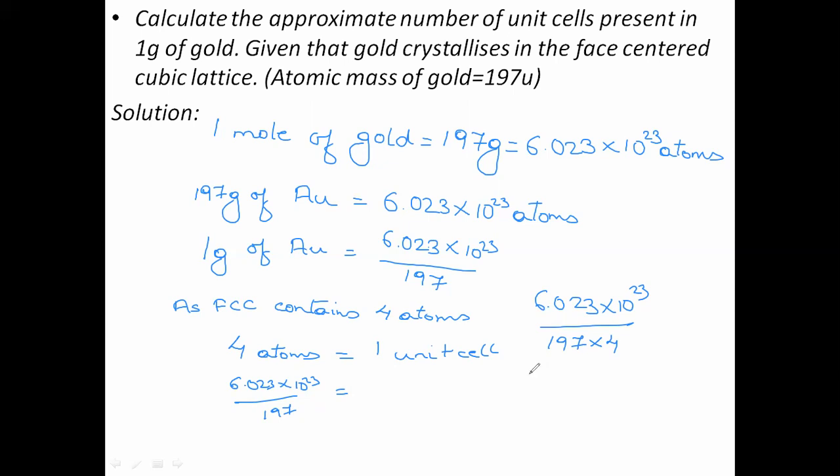If you do that, the answer you'll get is 7.64 into 10 to the power 20 unit cells. So this type of problem is very common in your board examinations as well as in entrance examinations. That is how we solve problems based on unit cells.